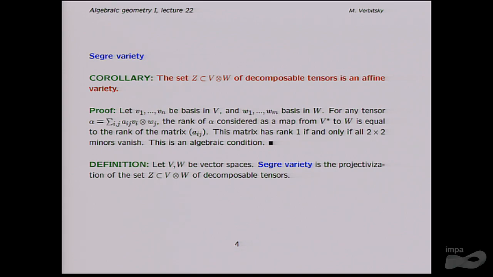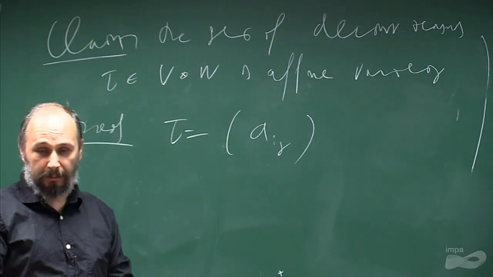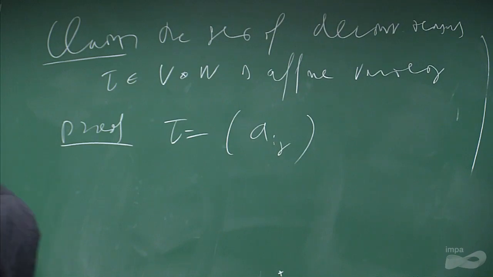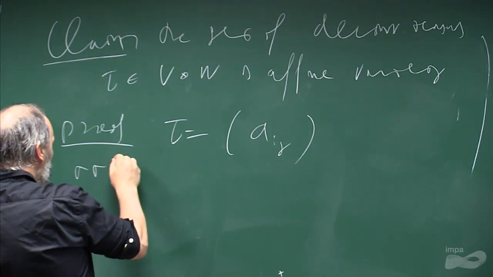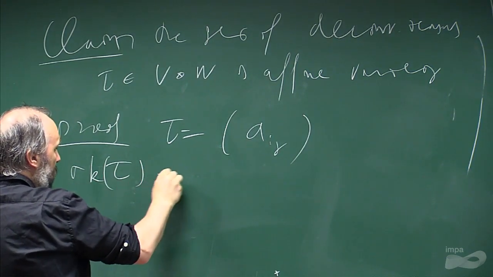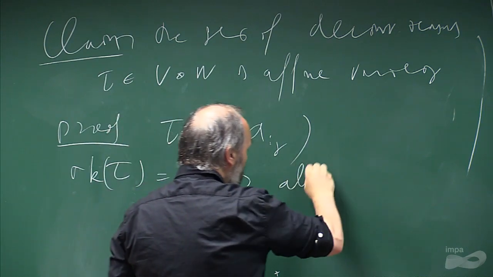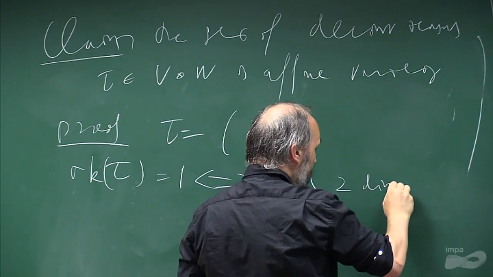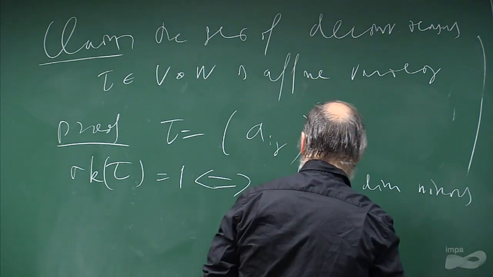The proof is very easy. You have tau represented by a matrix x_ij. Any tensor is represented by a matrix: you just take a basis in V, take a basis in W, and you identify tensors with matrices. Or you use this isomorphism between tensors and homomorphisms. Then rank tau is equal to 1 if and only if all two-dimensional minors vanish.